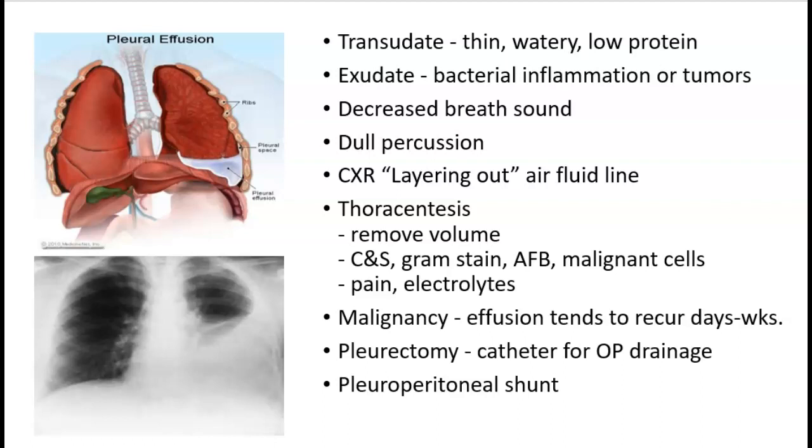And then there's also a role for tactile fremitus, which is something that you guys should have learned in your initial courses. So basically that's where you're having the patient say 99 and you're trying to see how the vibrations are transmitted across the lungs.